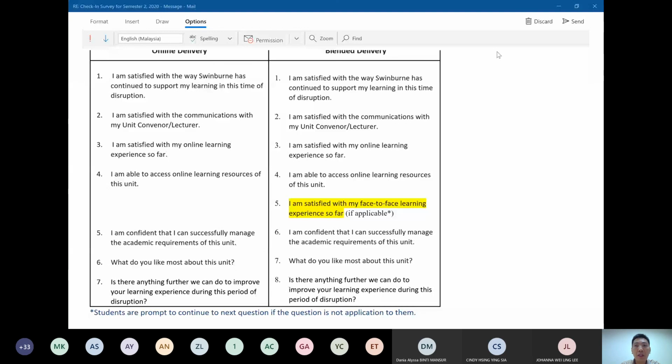The reason I use the lecture time is because this is the only common time we have to conduct online quizzes and also the test. That's why I use the tutorial time. I ask the tutor to go through the lecture slides, and the lecture time we'll use to have the online assessment.